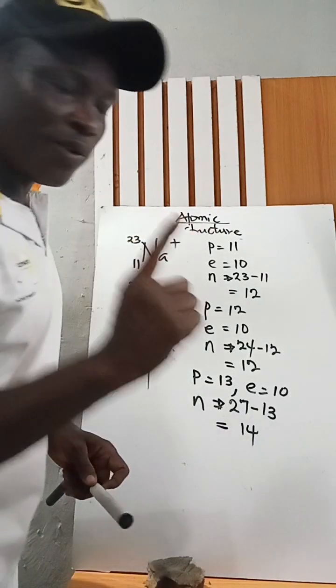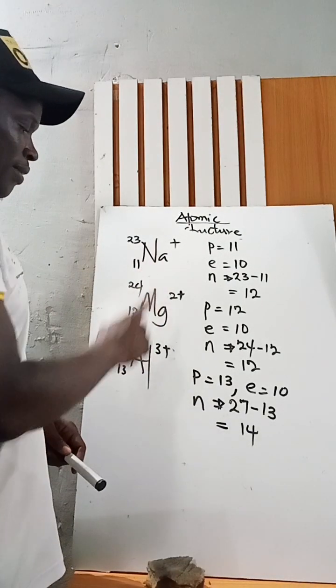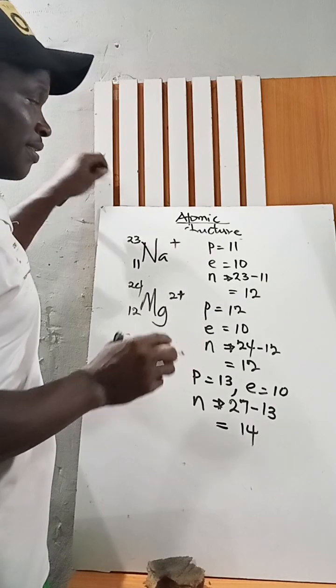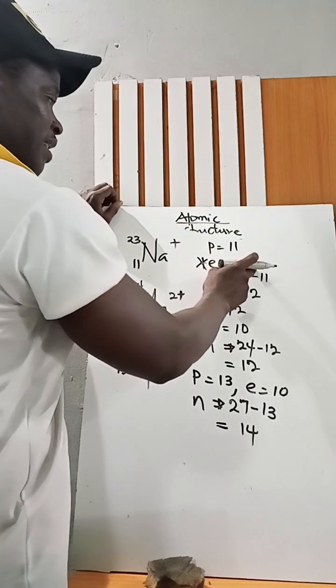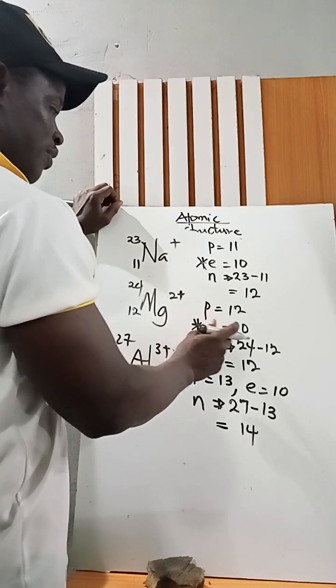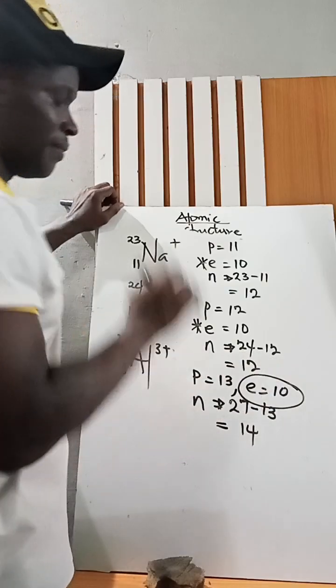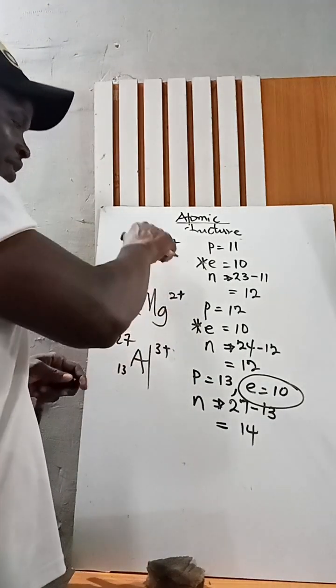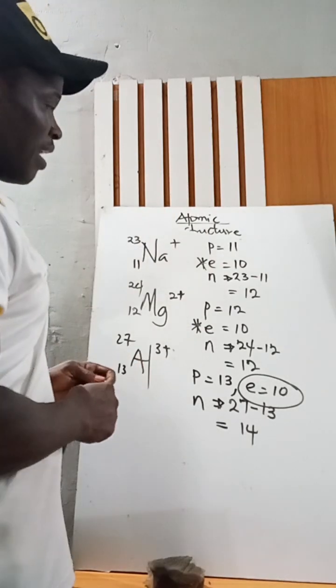Now, I want you to take note of something. This is sodium ion, magnesium ion, aluminum ion. There's something that is striking. Look at this. Number of electron is 10. Number of electron is 10. And number of electron here is also 10. It means all these ions, they have the same number of electrons.